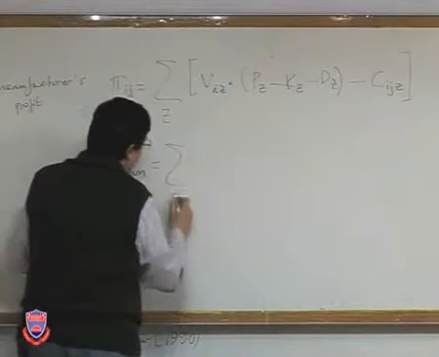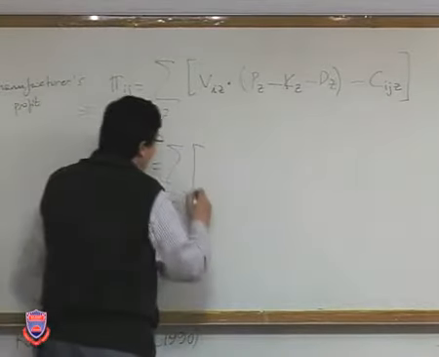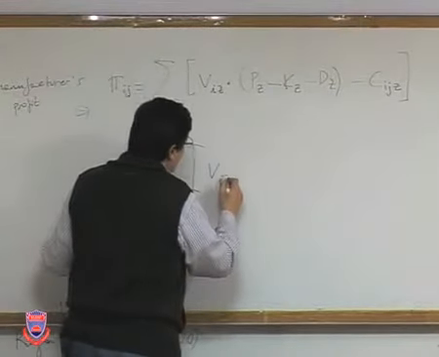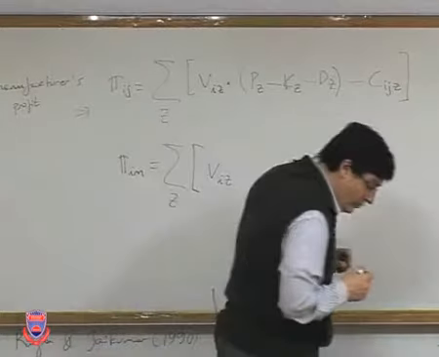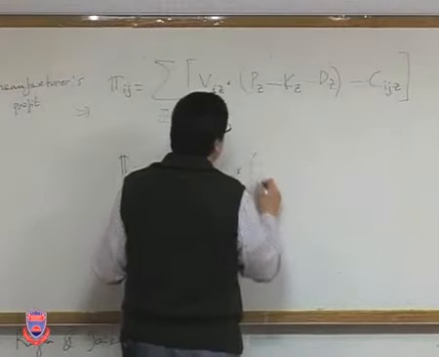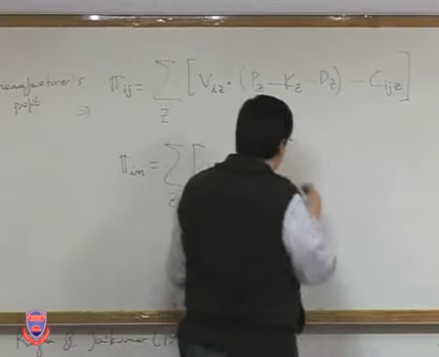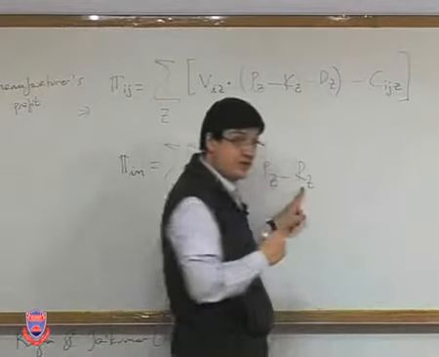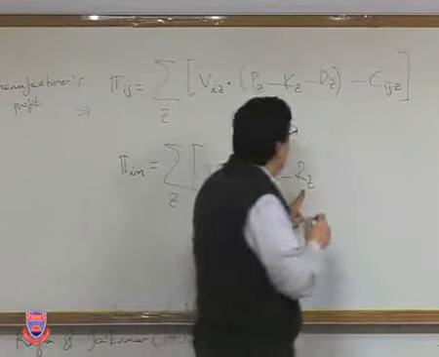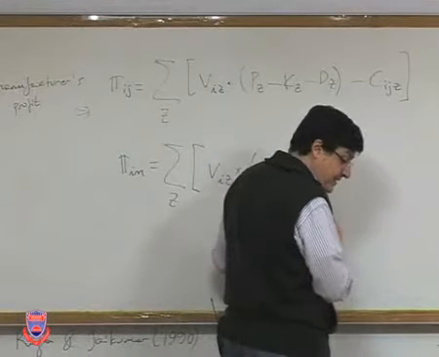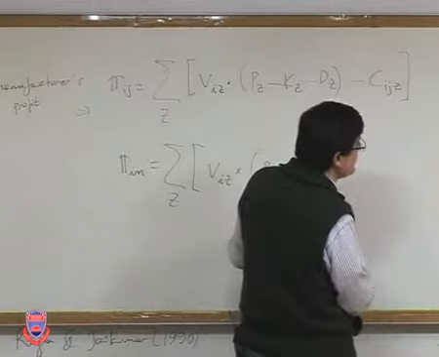Then still we are going to have the same z. And again, we are going to have V sub iz, volume, times, again we have P sub z, but instead of K sub z, we are going to have R sub z, which is the rebate that we give. But on top of that, well, excuse me, what was K sub z?